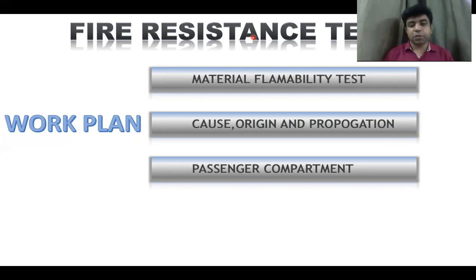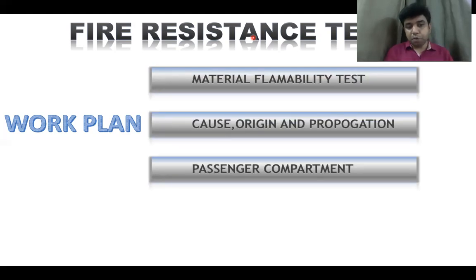The second aspect is how the fire originates, what is the real cause behind the fire, how the fire exactly happens, and if it is happening, how it propagates, that means how it expands from one spot to the far end spot of the vehicle. So we need to think in that aspect whenever we talk about the fire resistance test.